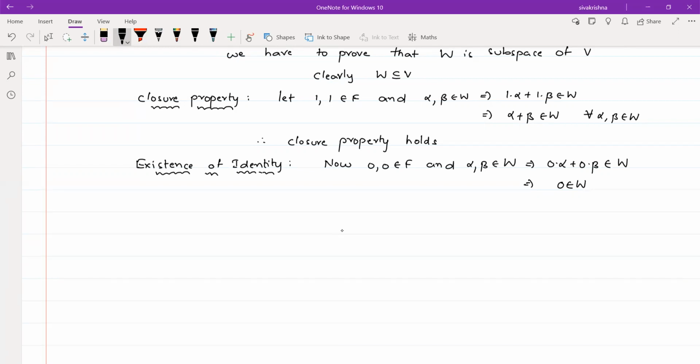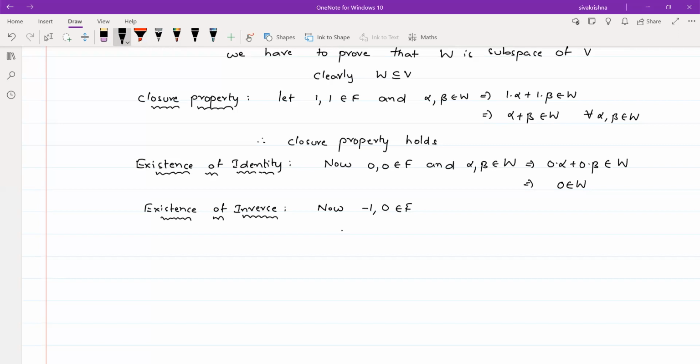Next, coming to the next property, that is the inverse property, existence of inverse. Once again, you have to consider two elements in F. One is -1 and the second one is 0. Since F is a field, I have already discussed the definition of a field in our first video. A field is, first of all, an abelian group with respect to addition, and after that a semigroup.